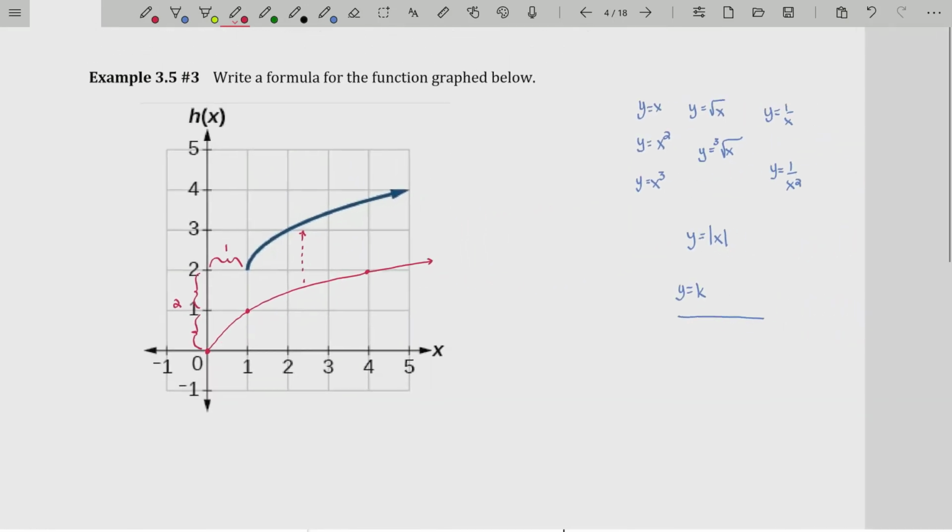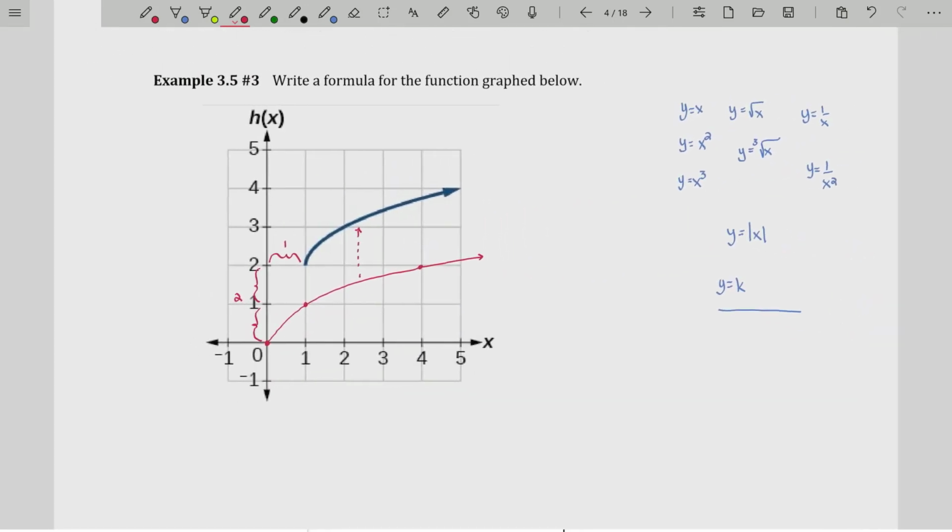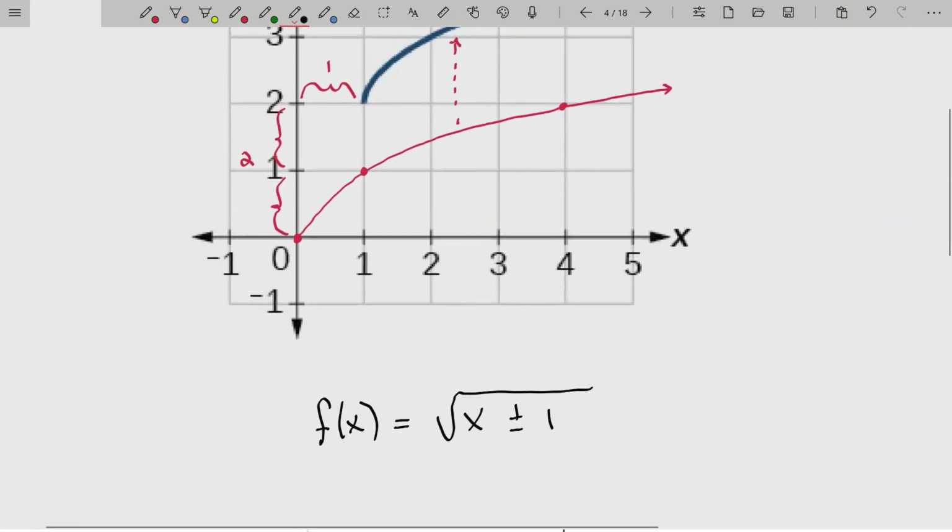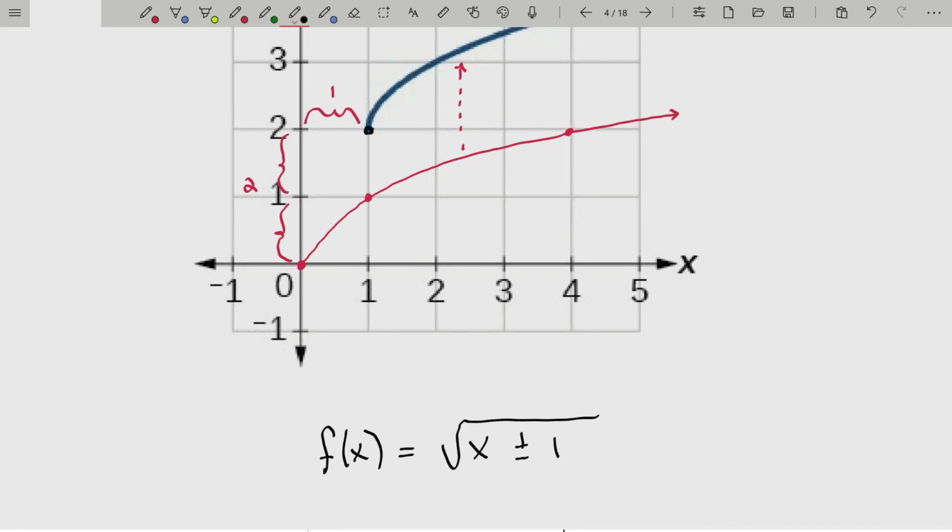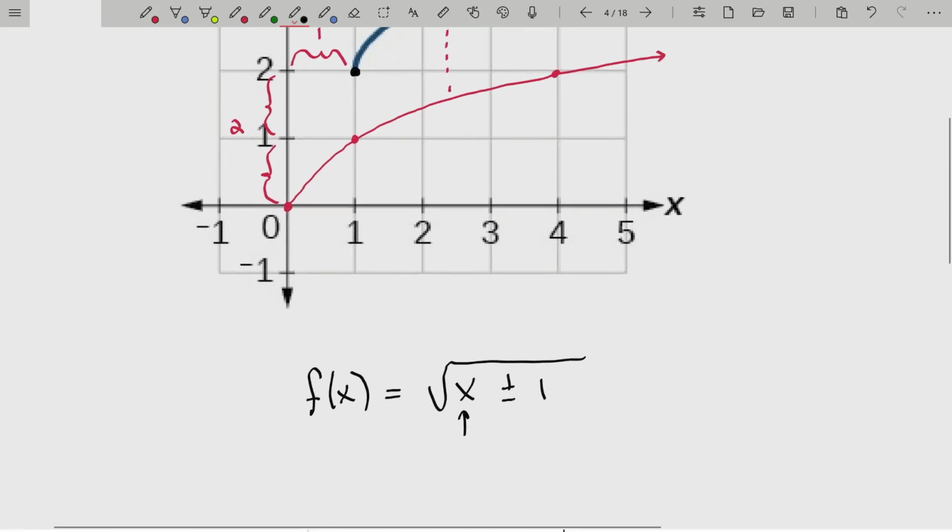So if that's all that's happened to it, then I know that this graph right here, which I'm going to call f of x because I want to, is like the square root of x, except it's been shifted to the right 1 unit. Now you should be asking yourself, is that a plus or a minus 1 there? Well, if it's shifted to the right 1 unit, I would love it if when I plug in 1, this argument becomes 0.